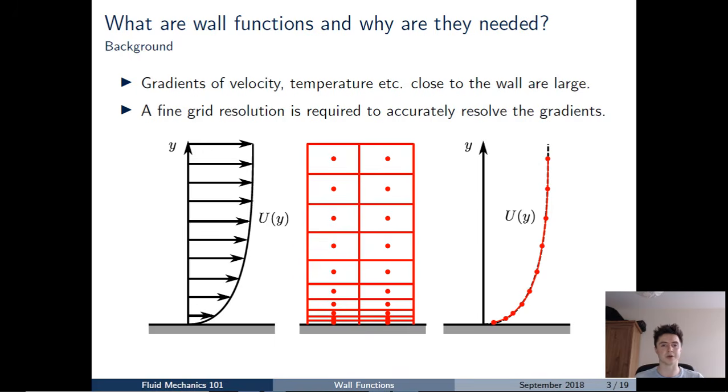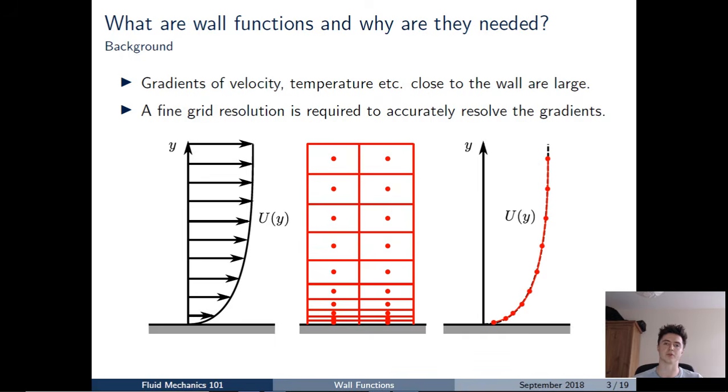So just to start with some background, if we look at profiles of velocity, temperature, or turbulence scalars in a fluid domain, we see a profile that approaches zero at the wall and has some quite steep gradients as we approach the wall. If we look at the plot on the left, that's just a typical velocity profile that you might see, and the velocity is free stream far away from the wall, zero at the wall from the no slip condition, and as we approach the wall we see that the gradients get steeper and steeper.